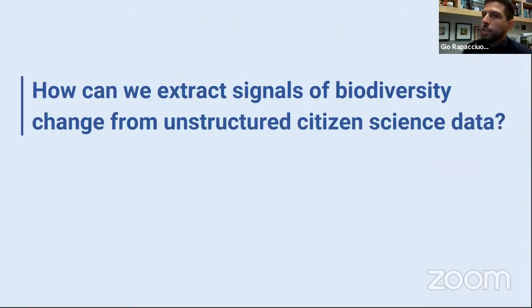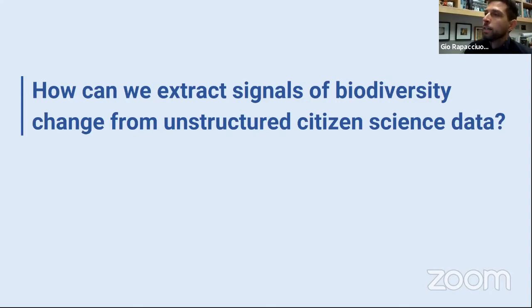So this brings us to this question, which is how can we extract signals of biodiversity change from these types of citizen science data, which are unstructured and crowdsourced? And those are challenges. On one hand, they enable us to receive huge amounts of information across space, time, and taxonomy, and that's amazing.